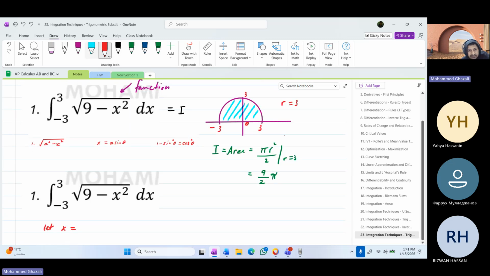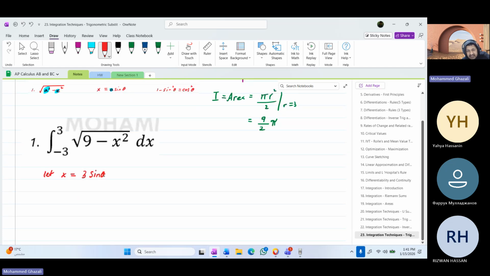Look at this, see the square root. So what is a? To find a, we need to take the square root of the number. So it has to be 3 sine theta. Let x be equal to 3 sine theta. This implies that we have to simplify the integral.